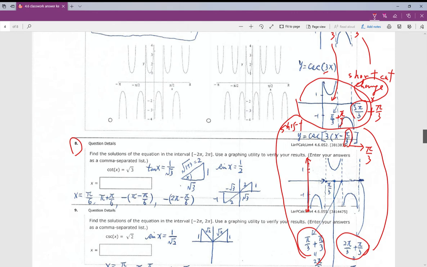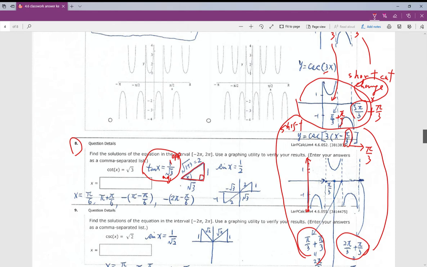Let me see. Okay. So cotangent means the reciprocal of tangent. And if you have a tangent, that means opposite over adjacent, if you remember that. So this opposite is 1, and adjacent is square root of 3 on the right triangle.